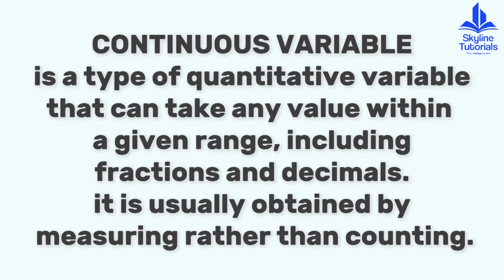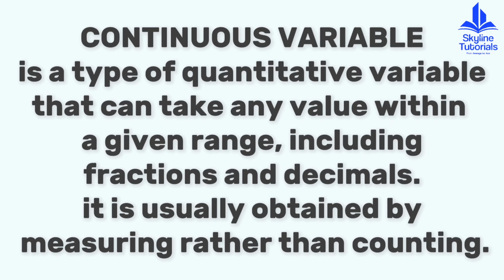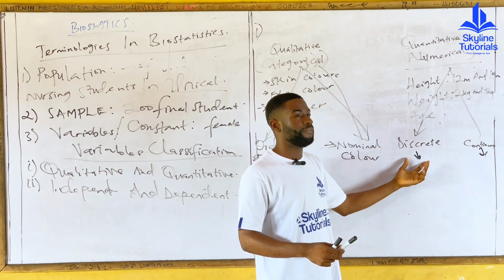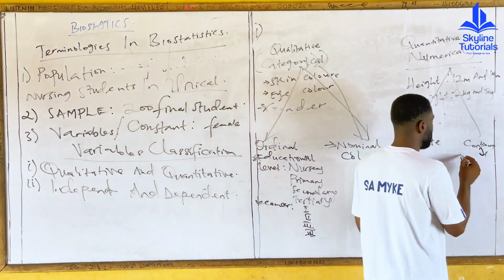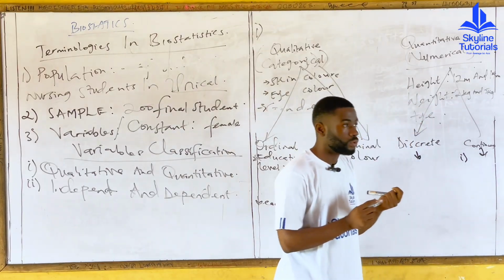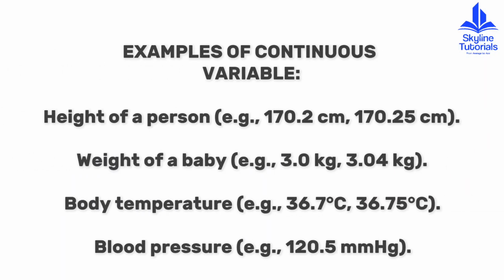The values gotten from this vary in range, while this is fixed. Let's begin with continuous variable. An example of a continuous variable could be height. You see that height varies. It is not fixed, right? So for discrete variable, it is fixed.